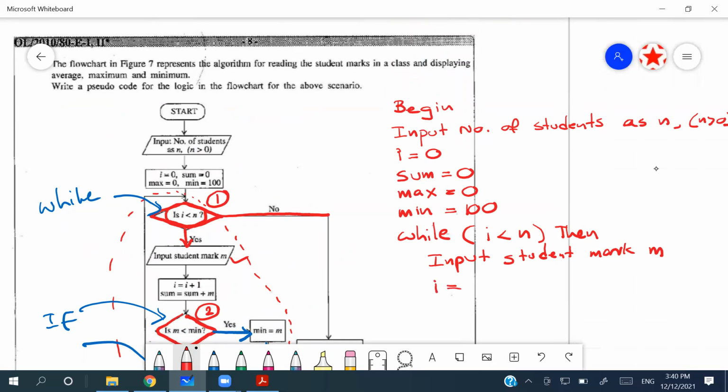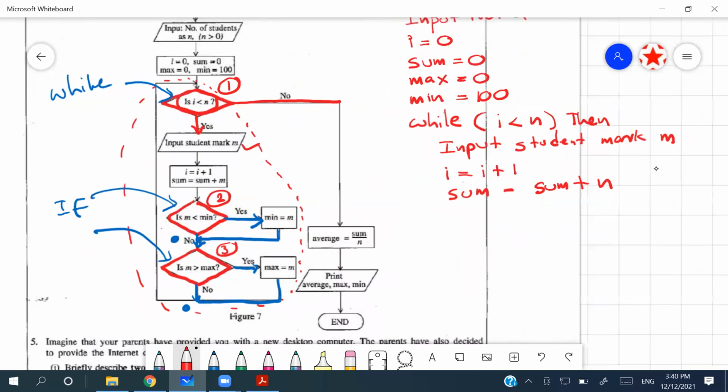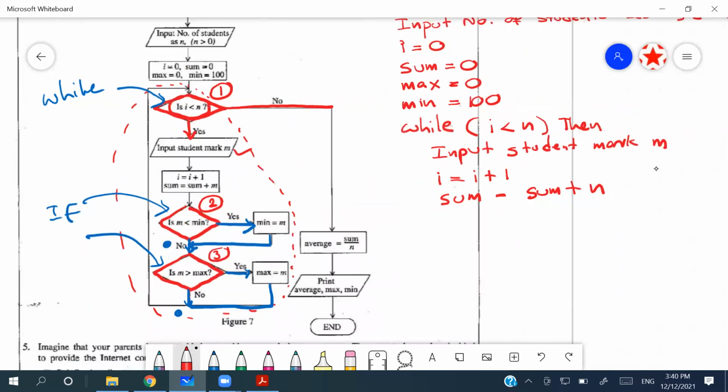Then i equals i plus 1 happens. sum equals sum plus m will be there. We are still in the iteration. Now we are facing the if condition.